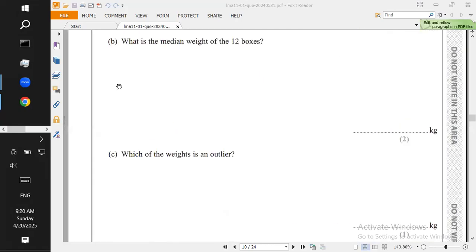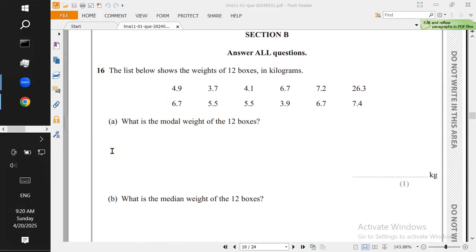Okay, the last question here, C. Which of the weights is an outlier? An outlier means a number which is extremely bigger than the data or extremely smaller than the data that you have. As we can see here, most of the data are 3s, 4s, 5s, 6s, and 7s.